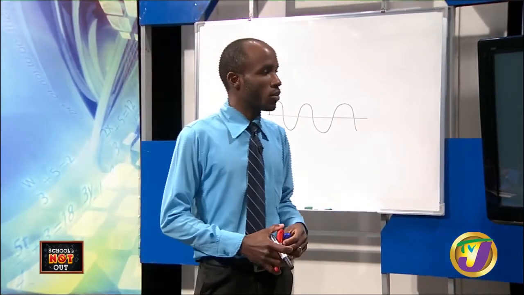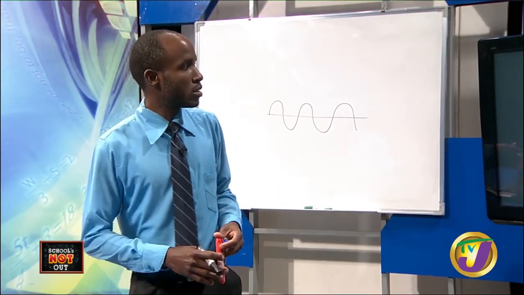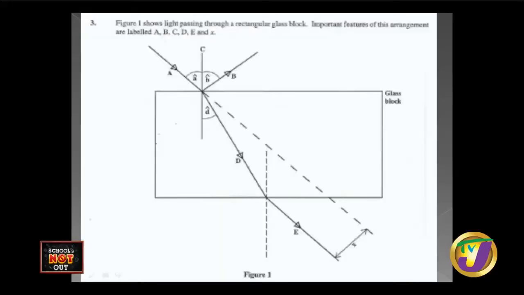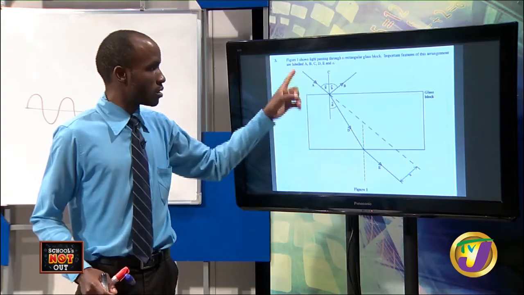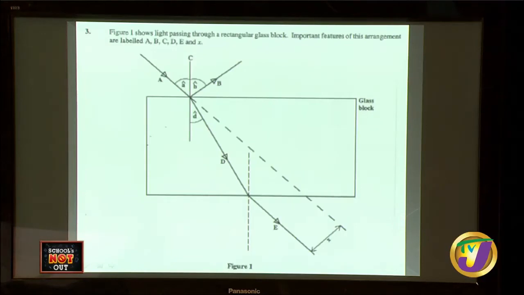Now, let's see if we can look at a question here. It says, Figure 1 shows light passing through a rectangular block. Important features of the arrangements are labeled A, B, C, D, and E. For persons who have done this lab, it should be a lab that you would have done in CSEC under refraction.